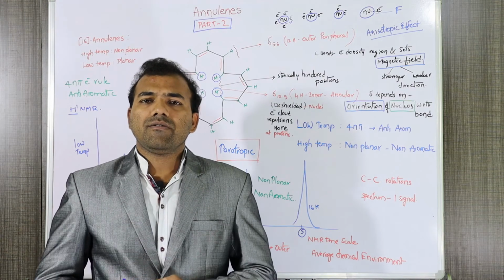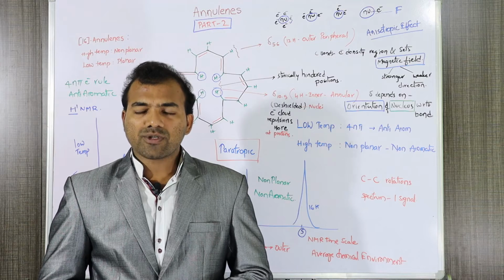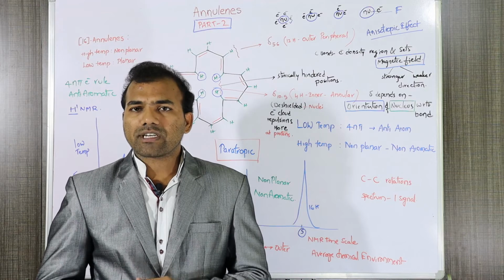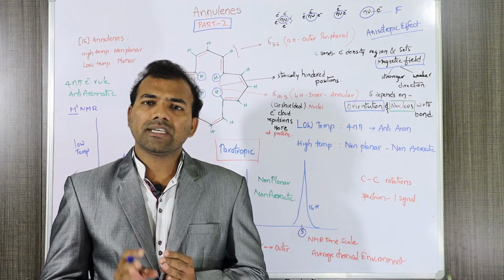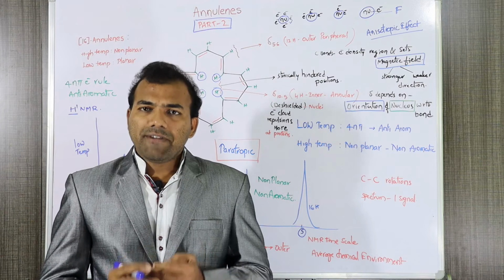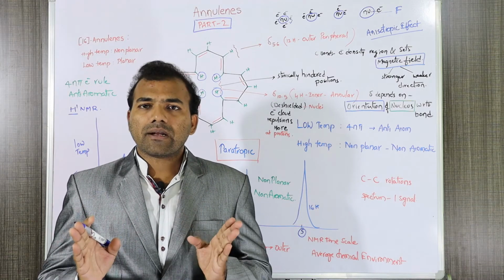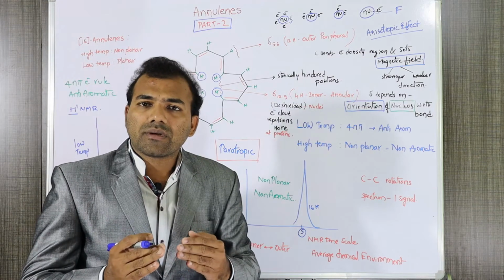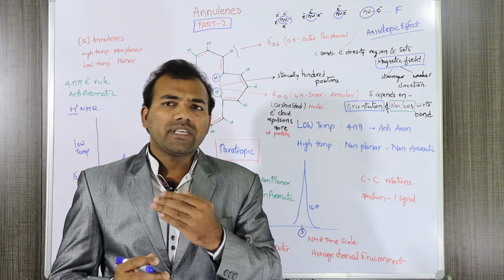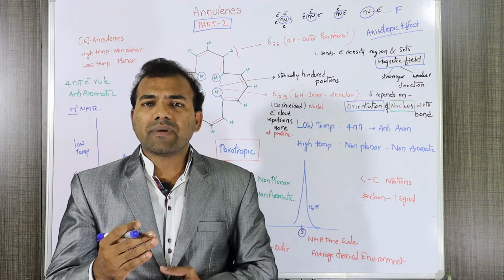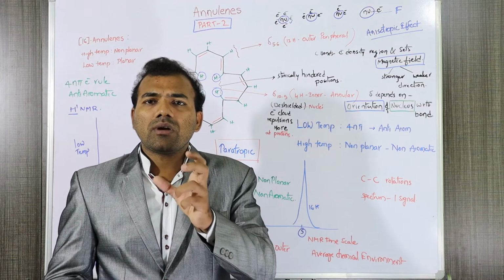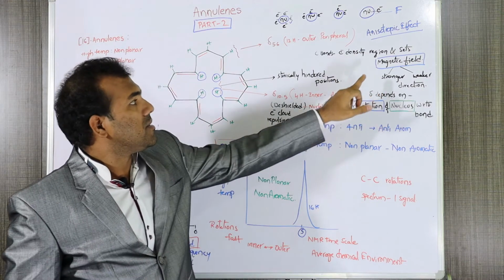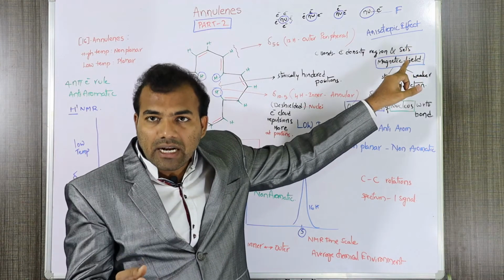The third factor which affects the chemical shift values is the anisotropic effect. So what is the anisotropic effect? We know that isotropic means the same, but if it is anisotropic, then it is different. In this anisotropic effect, we know that in compounds there are chemical bonds. Chemical bonds represent electron cloud regions, electron density regions, so that they set up a magnetic field.